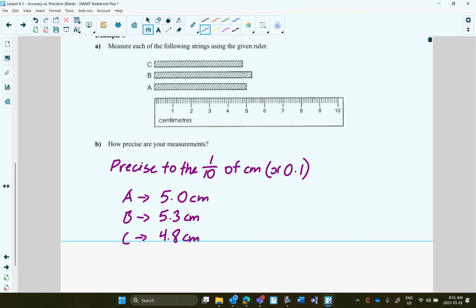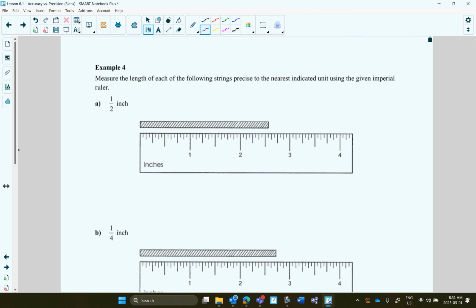What about if we use the imperial gates on a ruler? We're told the precision in each of these. Okay? If you look at the notches, the longest notches are the whole inches. The second longest notches are halfway between the whole inches, so those are the half inches.